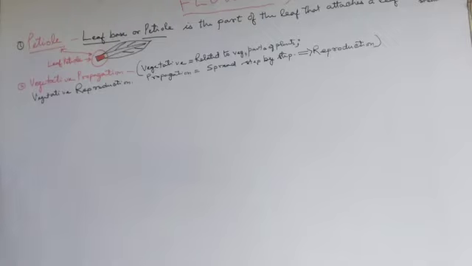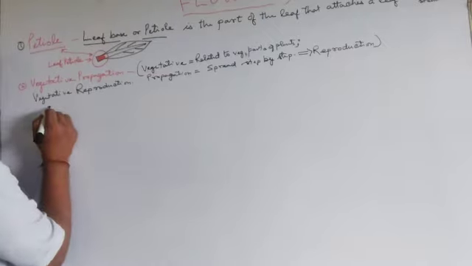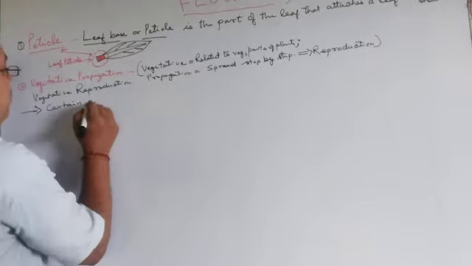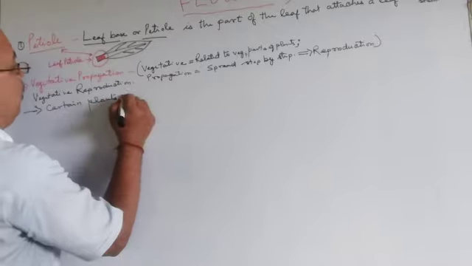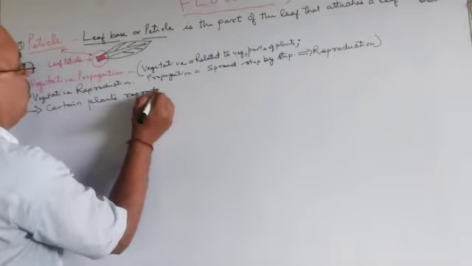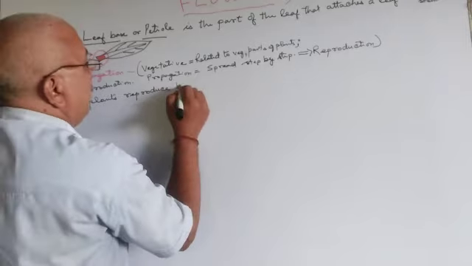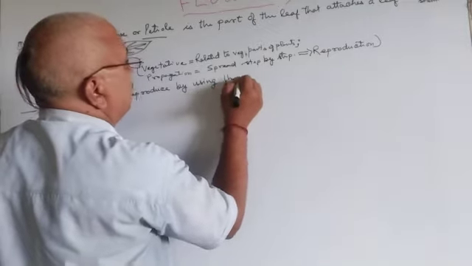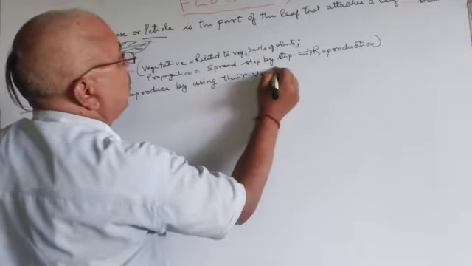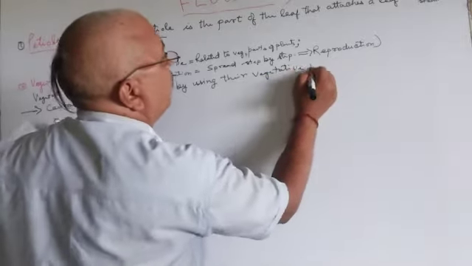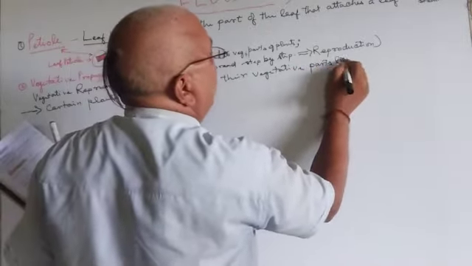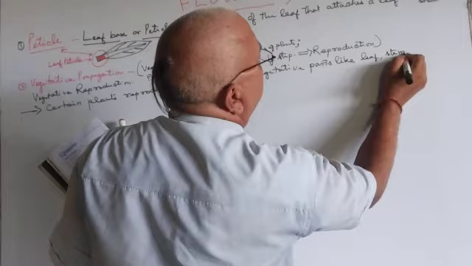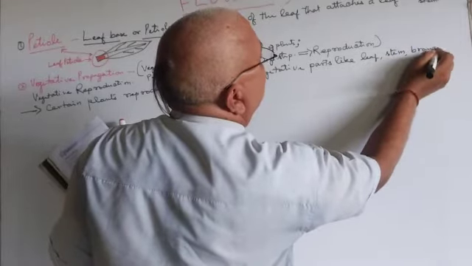So what will be the definition of this? Certain plants reproduce by using their vegetative parts like leaf, stem, branch or root.